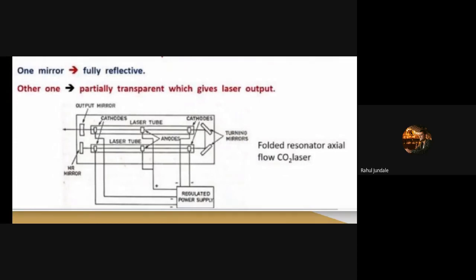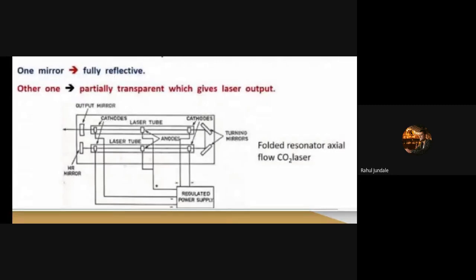Photons are created, and two turning mirrors are also used. The photons, or the light, get reflected from these two turning mirrors.